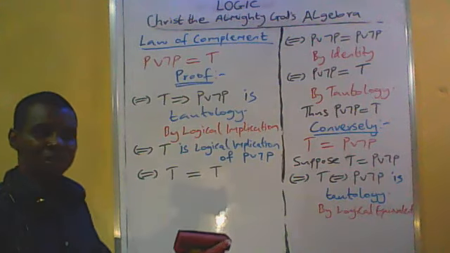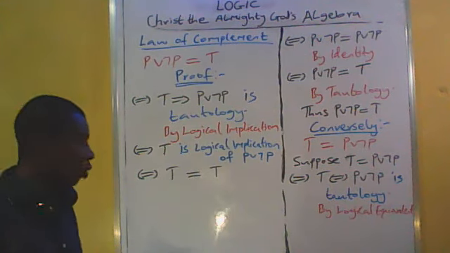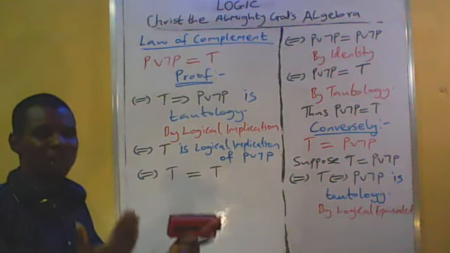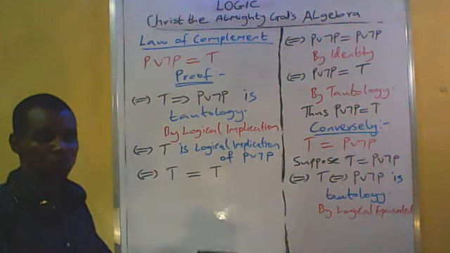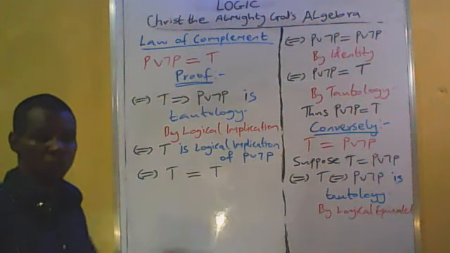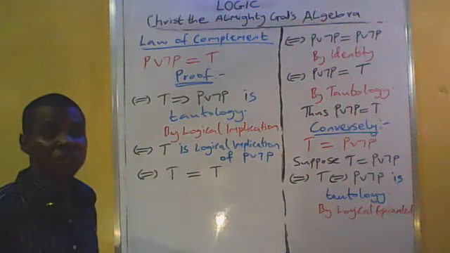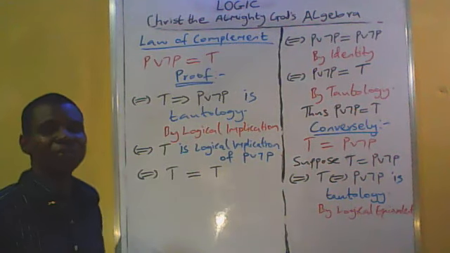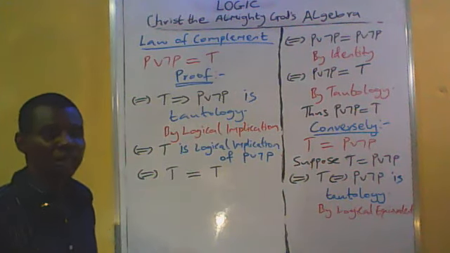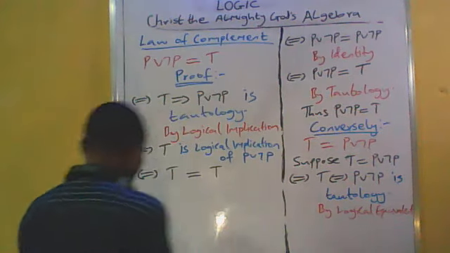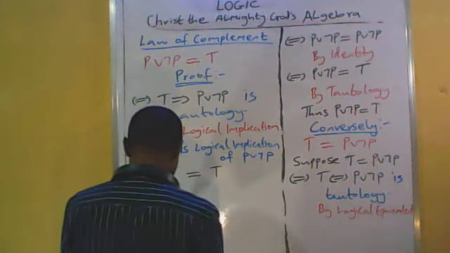What I mean is that T on the left side of the equation is true, and T on the right side of the equation is also true. Whenever T on the right side is true, T on the left side is also true. We say that it is logically equivalent, being justified by identity.